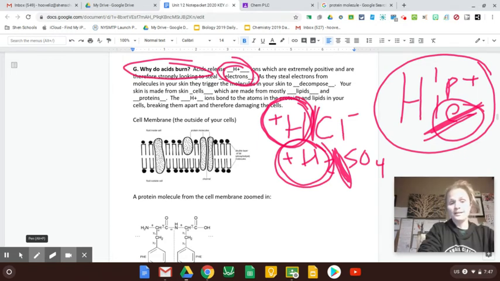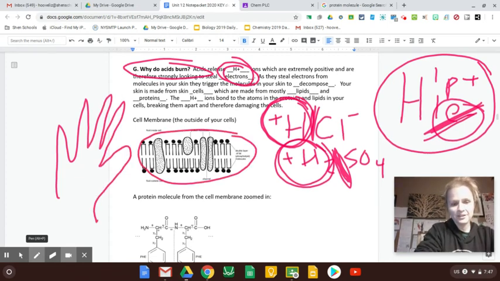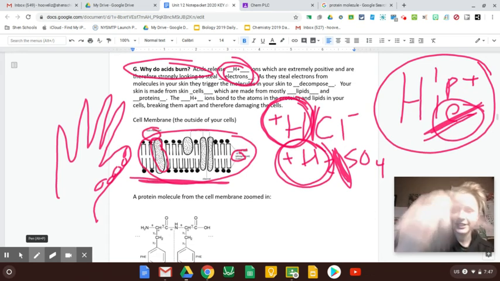So why does it burn your hand? Let's say this is your hand. Remember this cell membrane from biology? Every skin cell in your skin has this cell membrane around the outside. And it's made from mostly, it says right here in small letters, fat, lipids, and these little channel proteins.